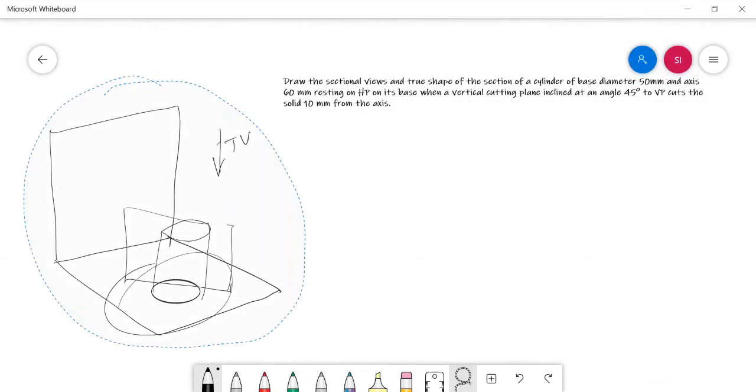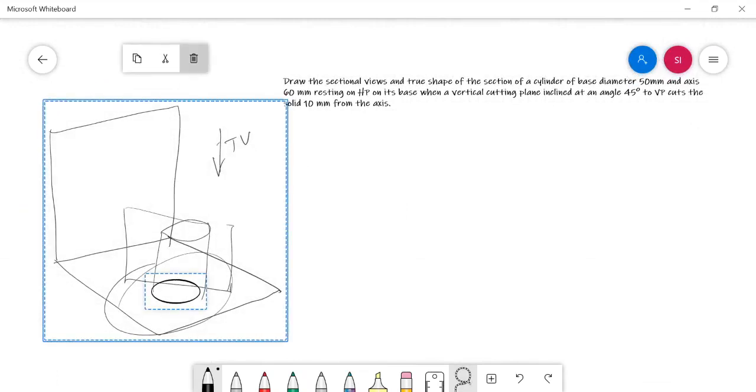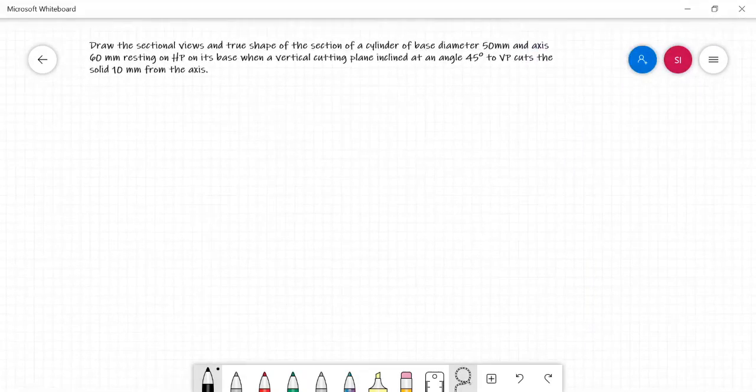Let me draw the projections of the given solid, starting from the XY line.